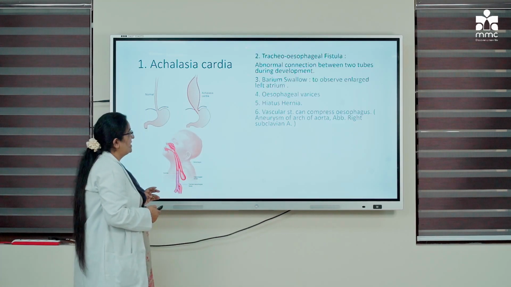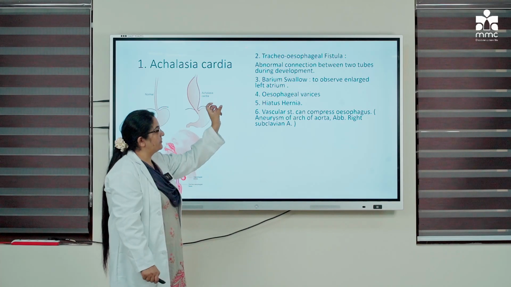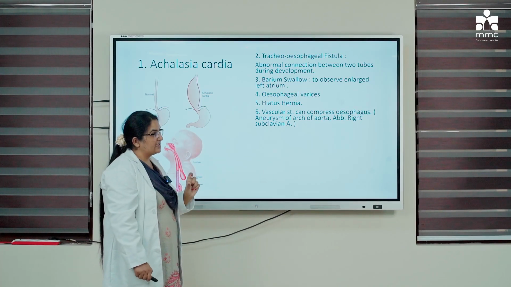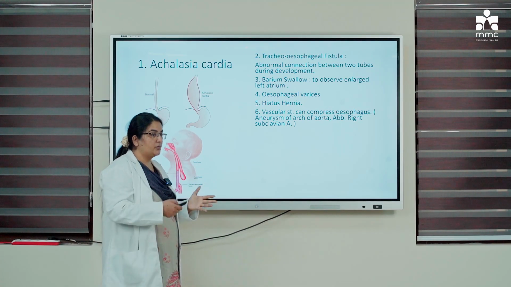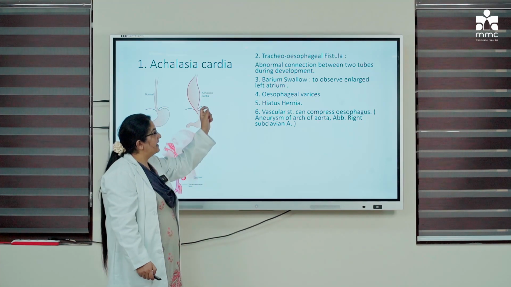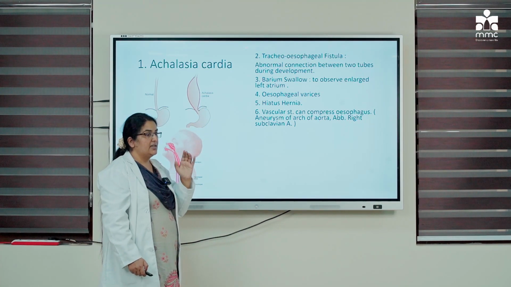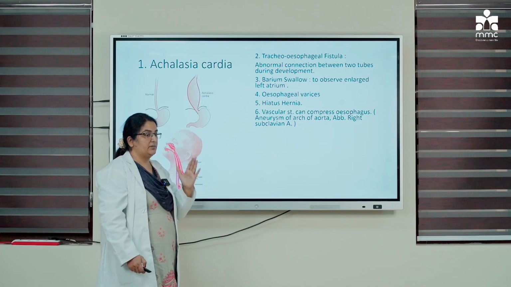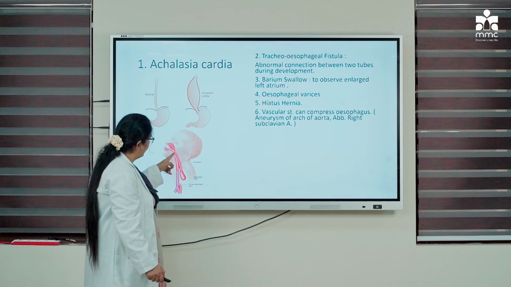Apart from that, here is another term, we call it tracheoesophageal fistula. That means there is an abnormal communication between two nearby tubes. Now what are these two nearby tubes? The abnormal connection is between the trachea, which we can see here, and the esophagus.